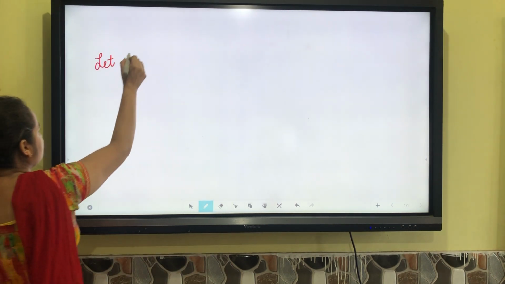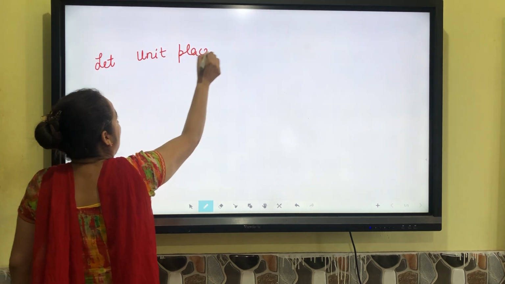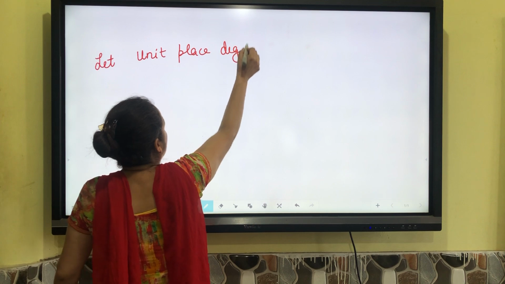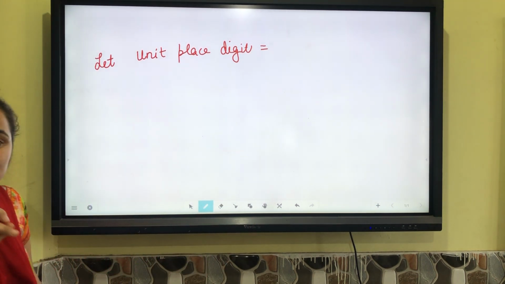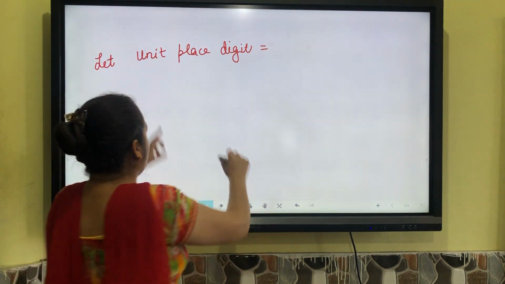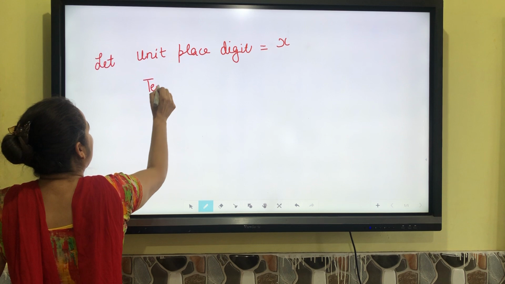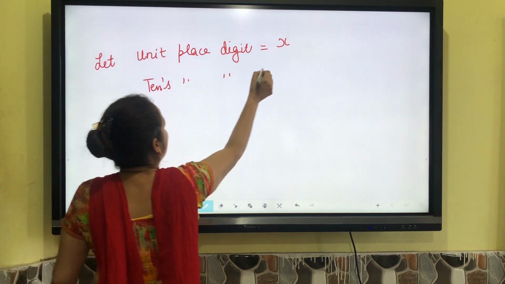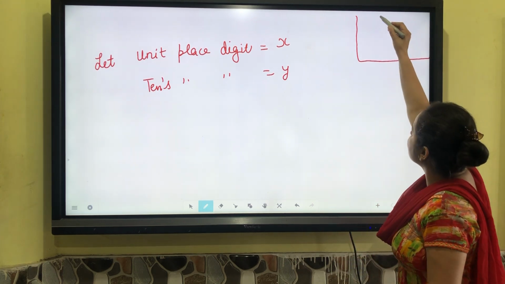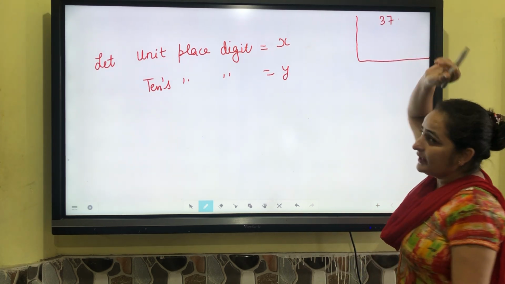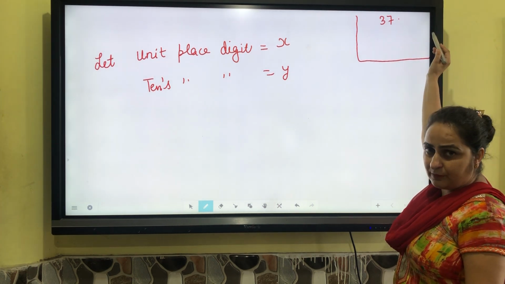Unit place, I am writing here digit, not number, because number is the combination of the digits. Therefore, unit place digit is x and tens place digit is y. Suppose the number is 37. In junior classes, you know how to expand such type of numbers.